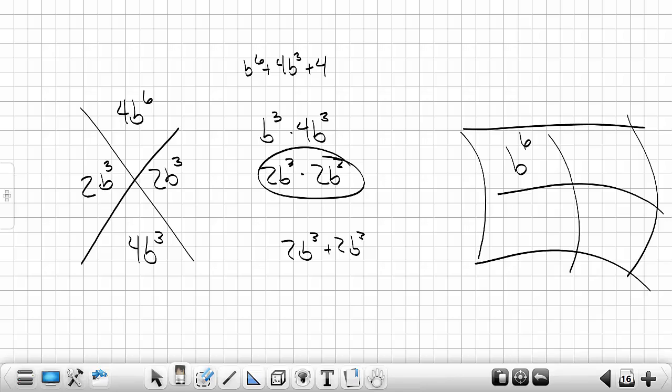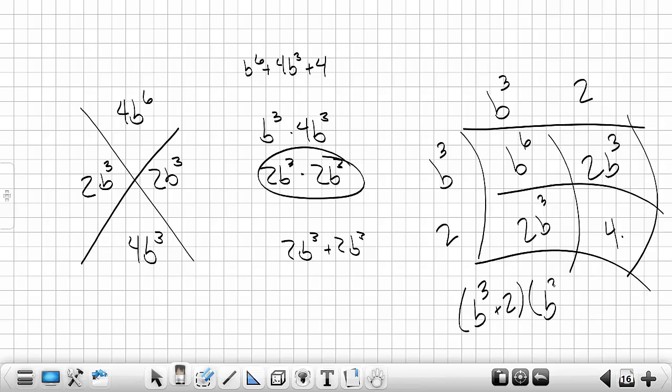Then we've got our b to the 6th, our 4, 2b cubed, 2b cubed. Taking out our greatest common factors, what could I take out of both of these? B cubed. What could I take out of both of these? 2. So I've got b cubed plus 2 and a b cubed plus 2.